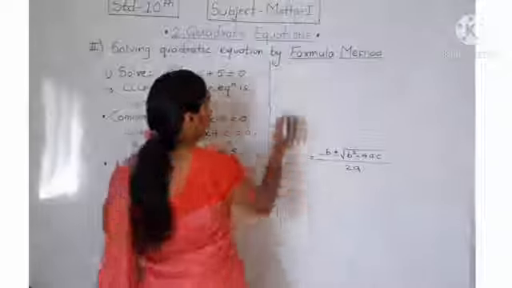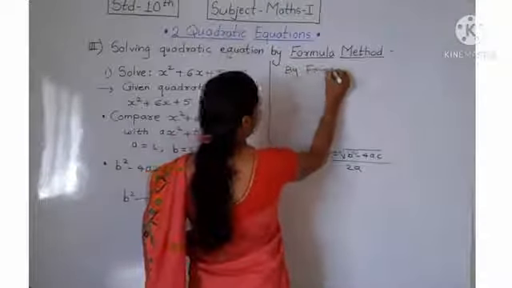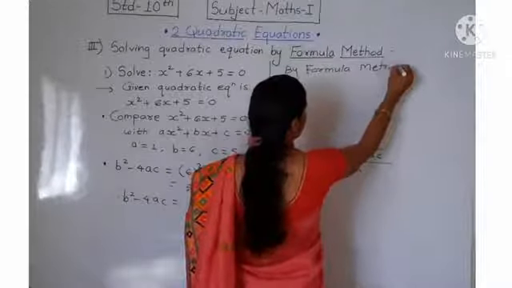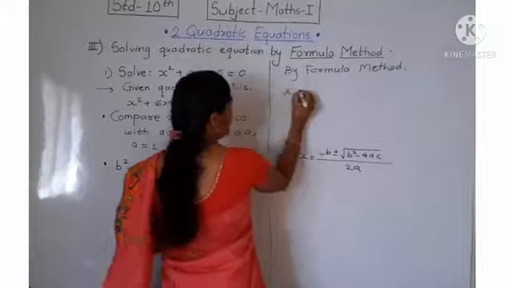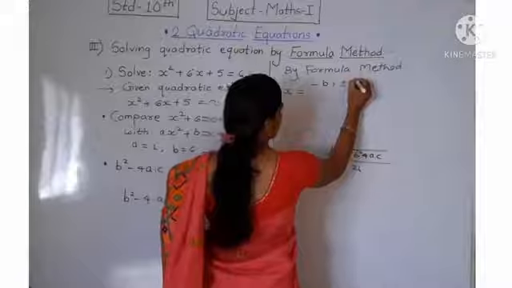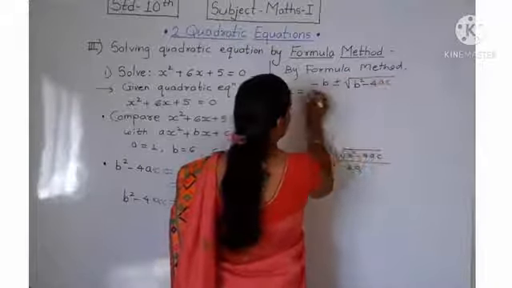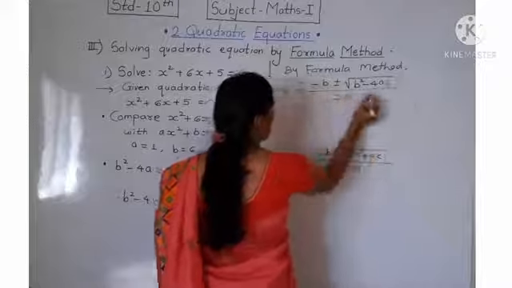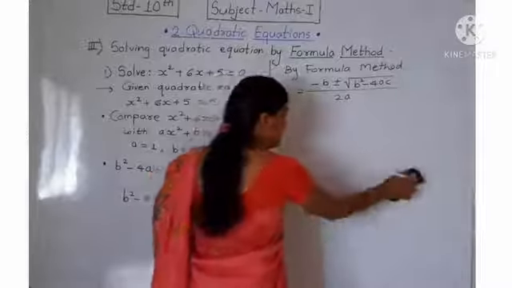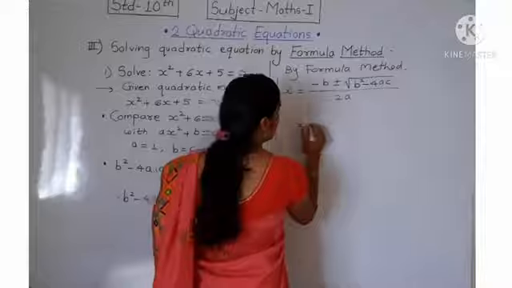Now you write the formula. Therefore, by the formula method, we can write x is equal to, what is the formula? Minus b plus or minus root b square minus 4ac upon 2a. If you write the formula correctly, you get half a mark here. Now substitute the values easily.